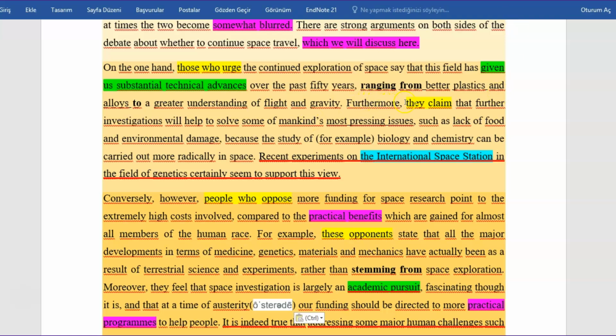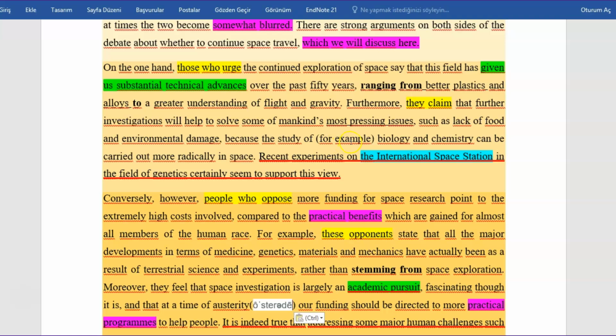Furthermore, additionally, they claim that further investigations will help us to solve some of mankind's most pressing, I mean urgent, issues such as lack of food and environmental damage.